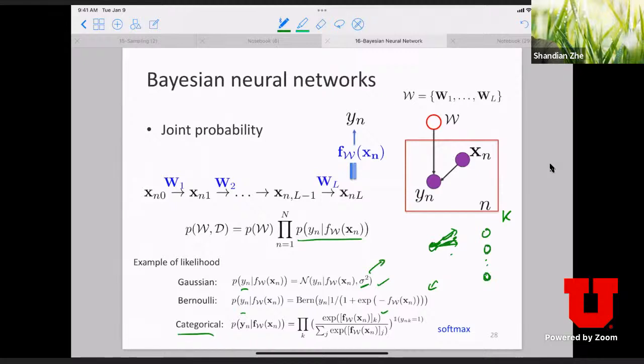Then the neural network usually predicts k scores, and each score measures how likely it should belong to a particular category. And of course, we want to turn these k scores into a probability. The commonly used method is that we take exponential of them and then normalize. This is called softmax.